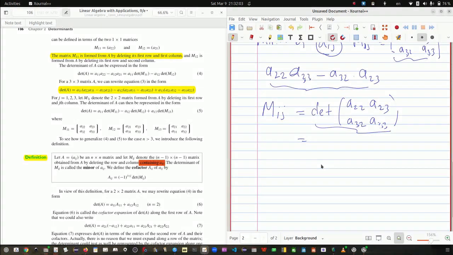Cofactor will be called Aij. Cofactor belongs to Aij, and the way it works is Aij is equal to minus 1 to the power, we will talk about the details, times the determinant of Mij.